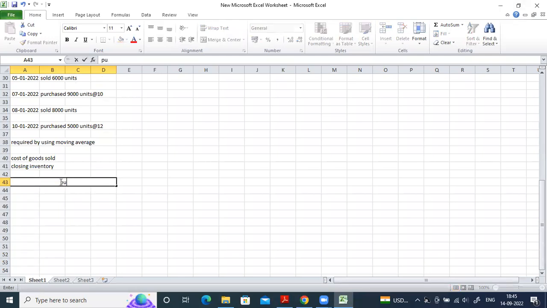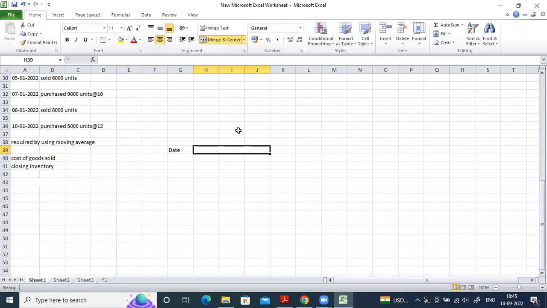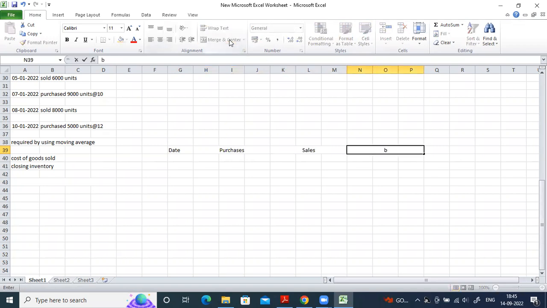Purchases, date, purchases, sales, balance.